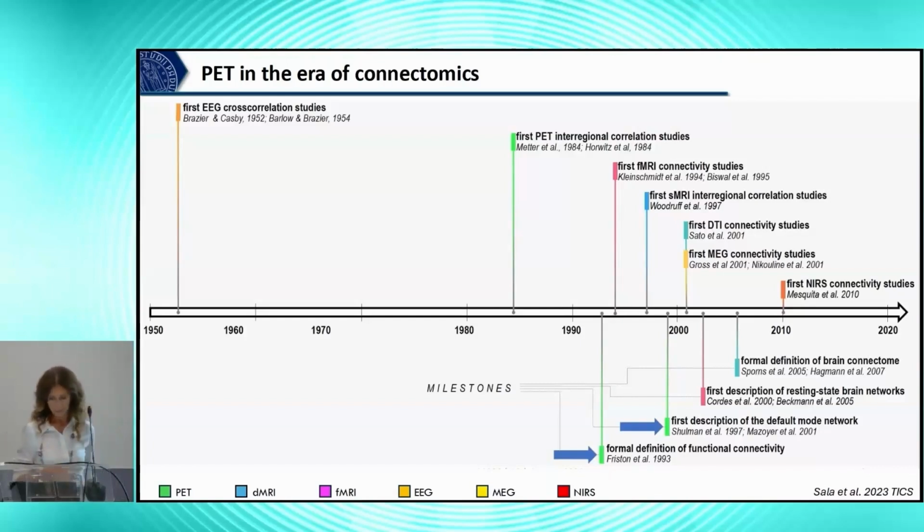In particular, the first year is highlighted: 1984. Horvitz published a paper, again with the vision of the brain as a network, but described by PET. And we also have the second important paper, Friston defining the functional connectivity.